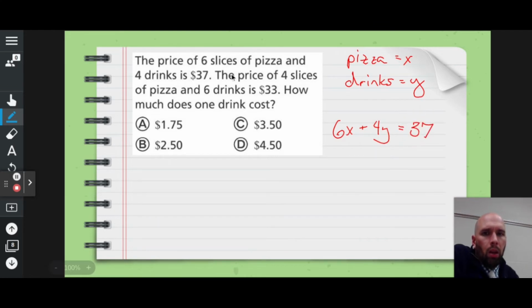The price of 4 slices of pizza, 4X, and 6 drinks, 6Y, is 33.